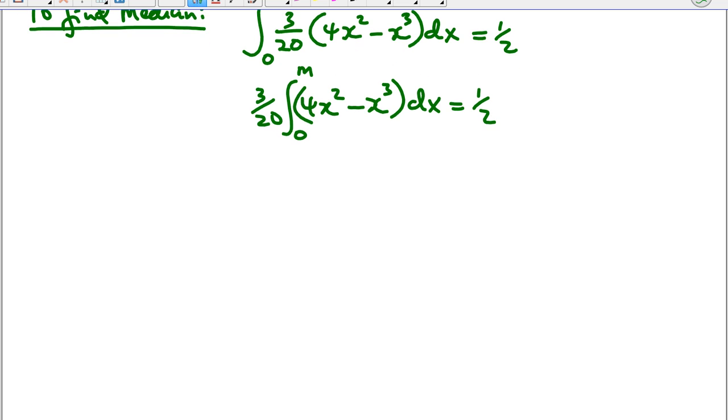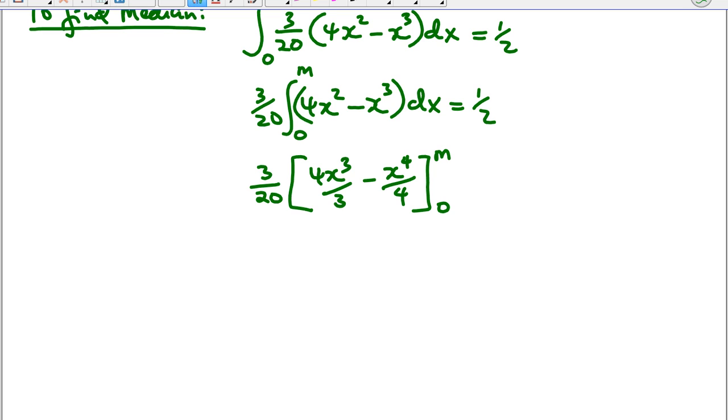So if I integrate whatever is inside the integral, or if I integrate the integrand, I'll end up with 4x cubed over 3 minus x to the power 4 over 4, from 0 to m, is equal to a half. So 4m cubed over 3 minus m to the power 4 over 4.